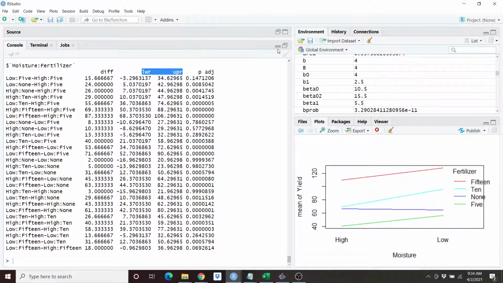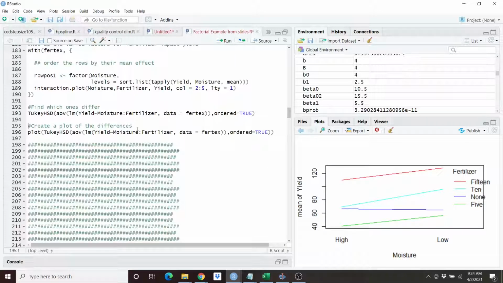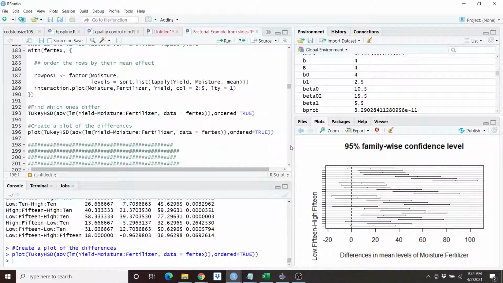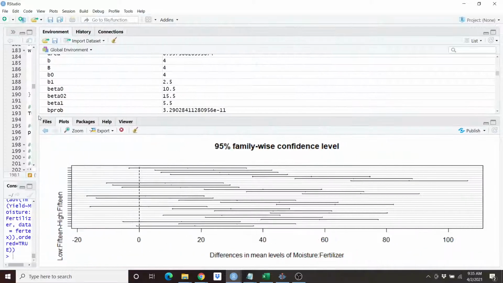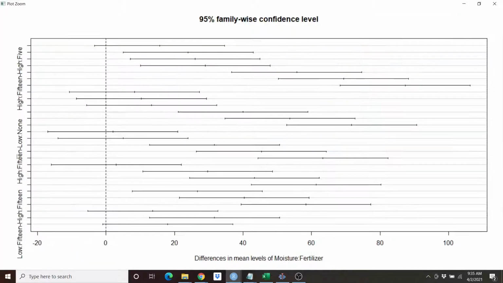So what might this look like? Well, we can create a Tukey plot, but it's going to be very confusing because given how large the y-axis labels are, it's very hard to tell which one of these are which. But we can see that we have 1, 2, 3, 4, 5, 6, 7, 8, 9 of our simultaneous confidence intervals that contain 0 and the remainder don't.